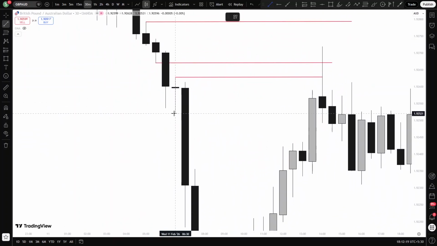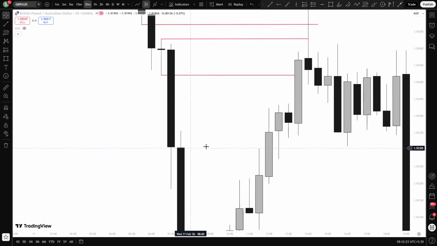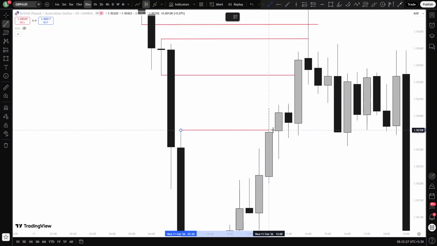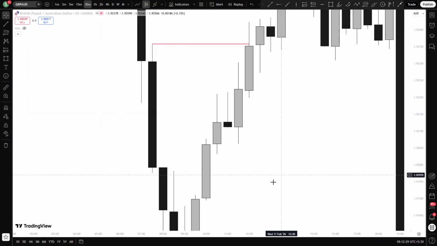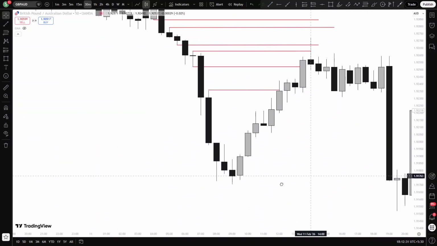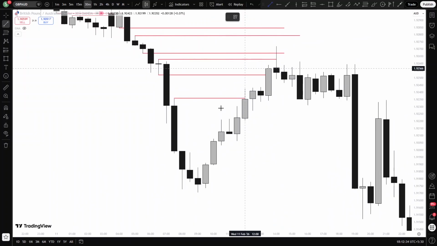It is here. This is our fair value gap. This also is our fair value gap.